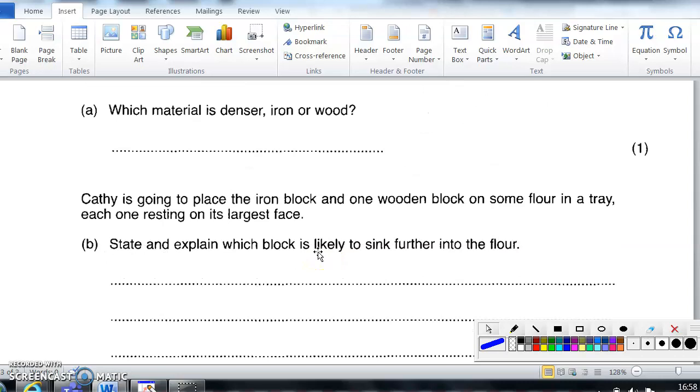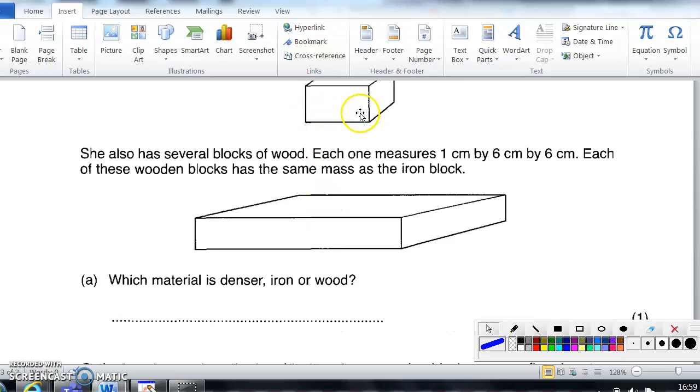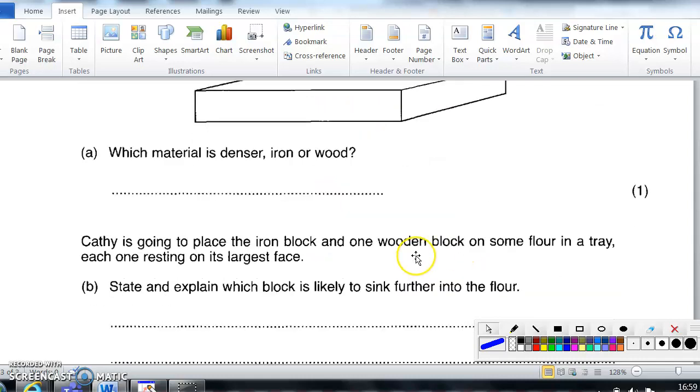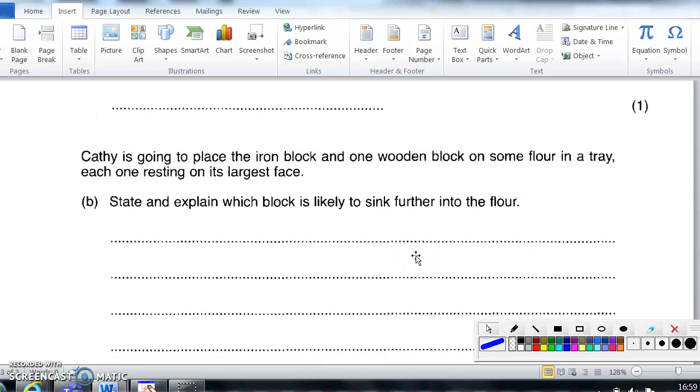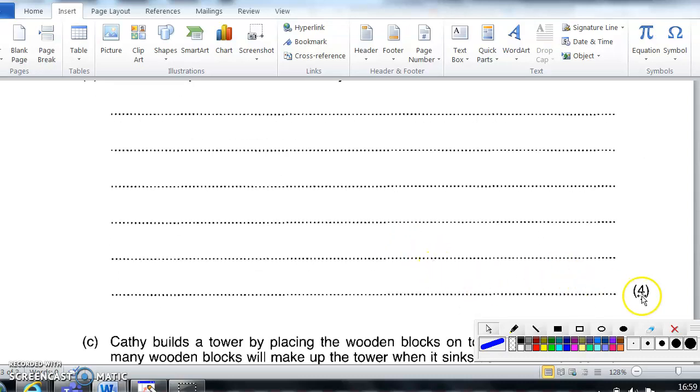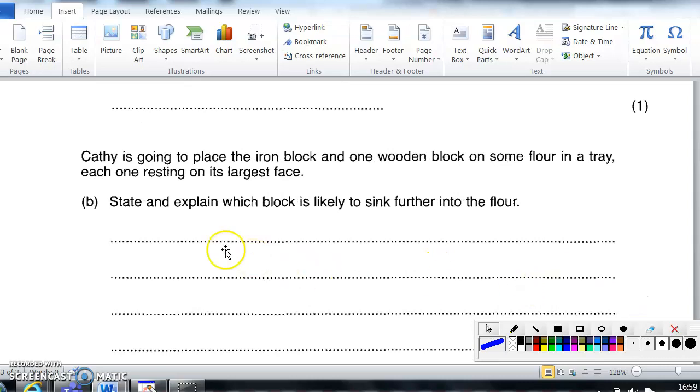Kathy is going to place the iron block and one wooden block on some flour in a tray, each one resting on its largest face. So they're going to lie down this way and that way. State and explain which block is likely to sink further into the flour, and this is given a massive 4 marks. So you need to say which one's going to go the lowest, and then you have to explain why.